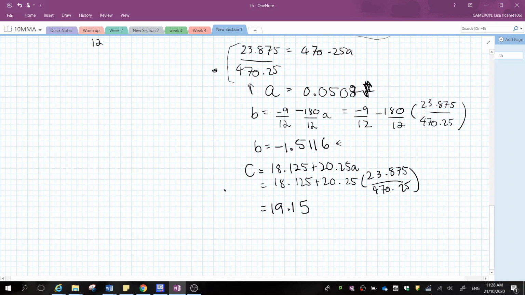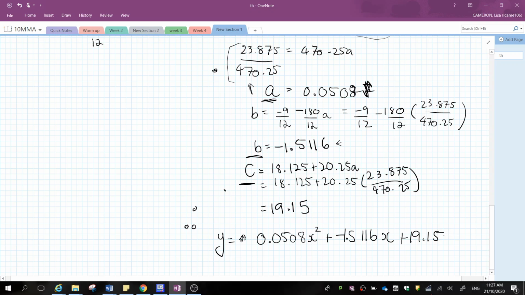The last step is to state what equation you found, because what we found is that C equals this, B equals this, and A equals that. So y equals 0.0508x squared plus negative 1.5116x plus 19.15.